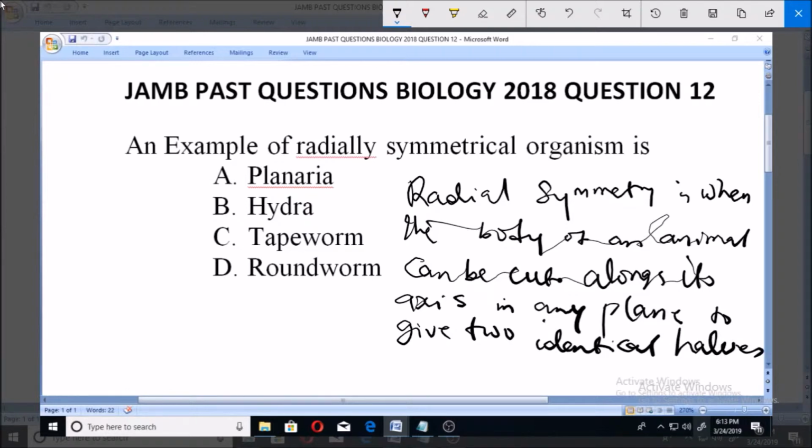So whenever you can cut the body of an animal along its axis in any plane to give two identical halves, then you can say that that animal is radially symmetric.